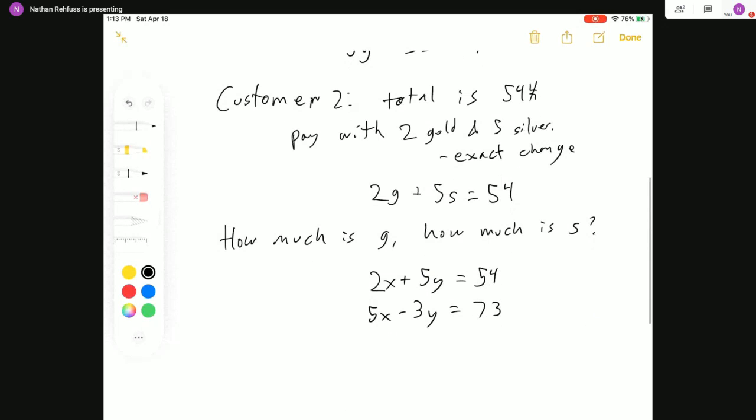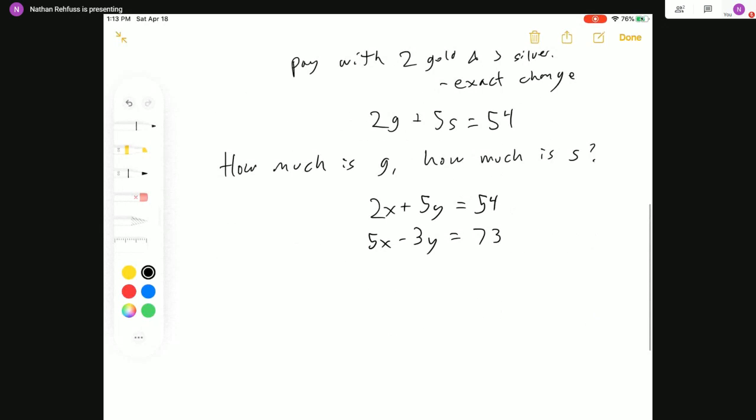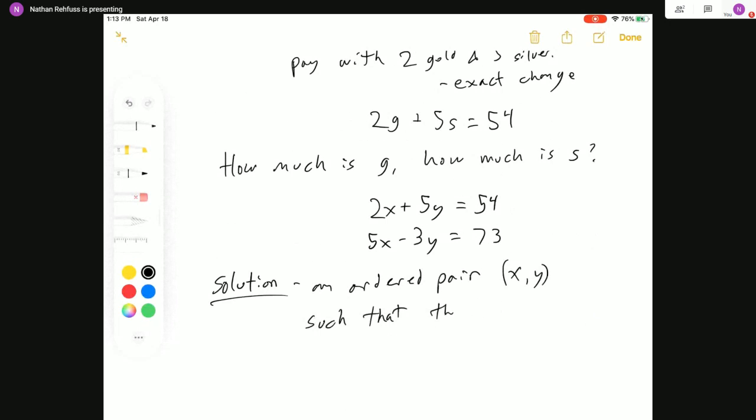So a solution is an ordered pair x, y such that these values satisfy both equations.